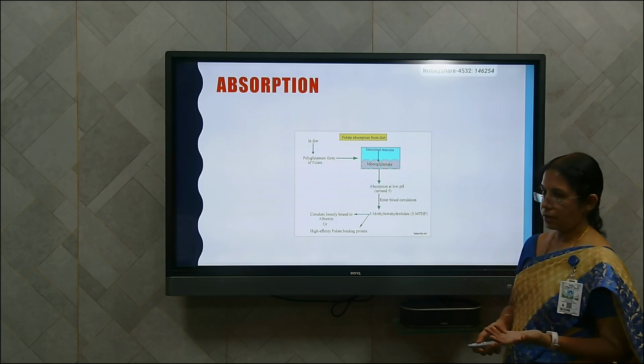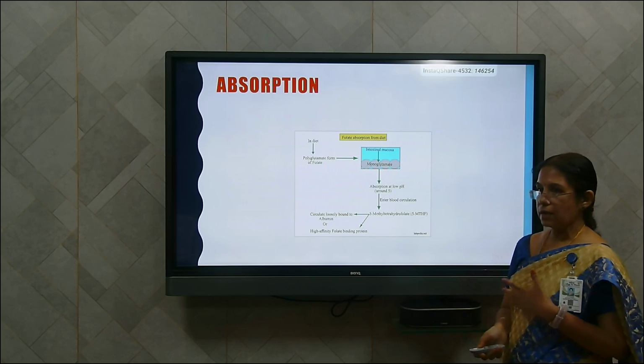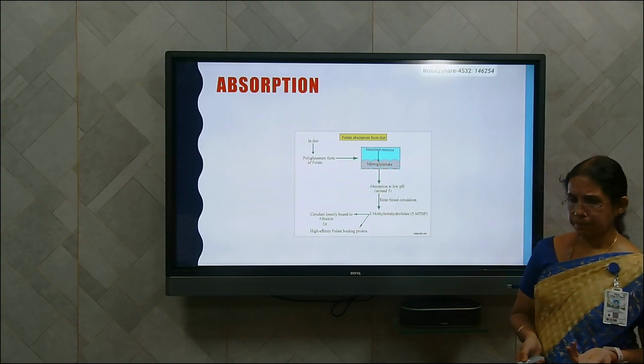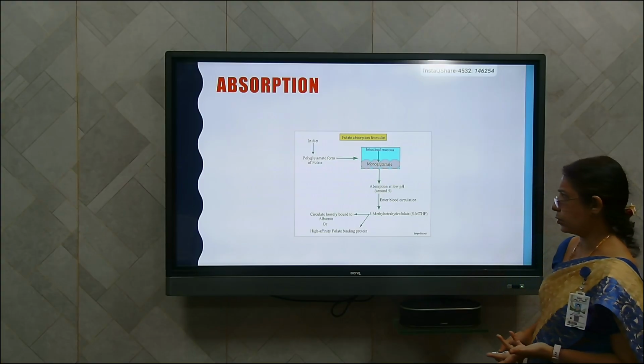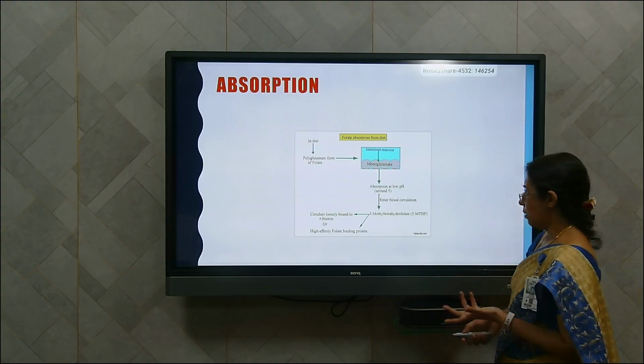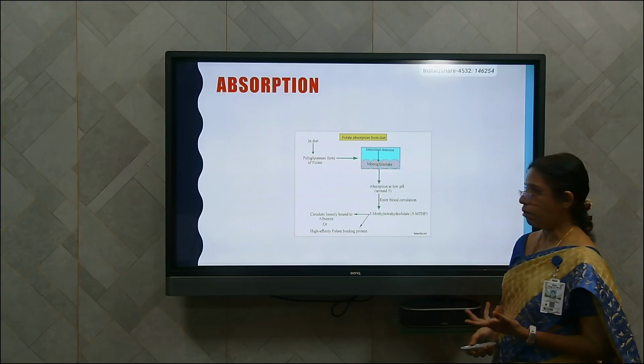For converting it into monoglutamate form, we need an enzyme called conjugase. This conjugase enzyme is mainly produced by the pancreatic and bile juices, and also some enzymes are present in the jejunal mucosa for favoring the absorption and hydrolysis of folate.